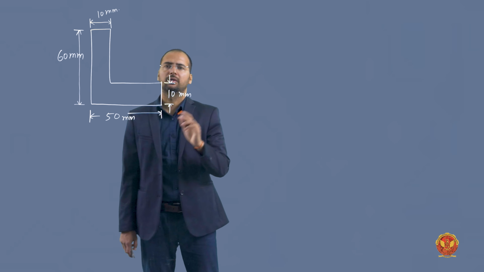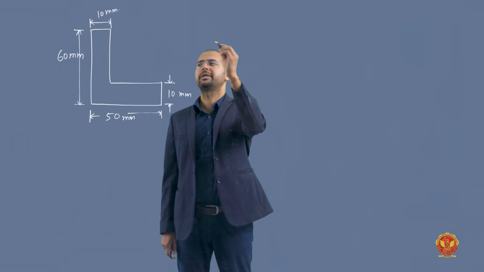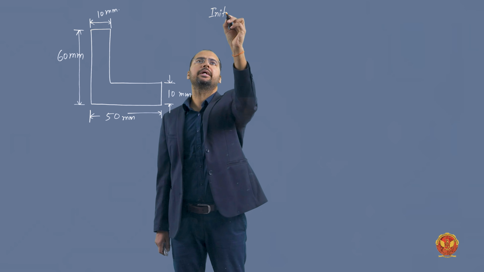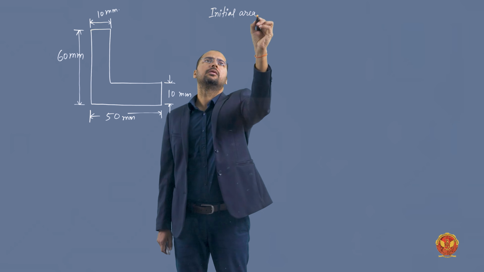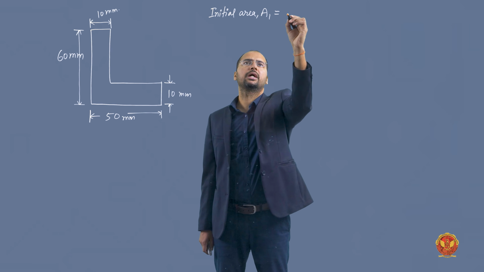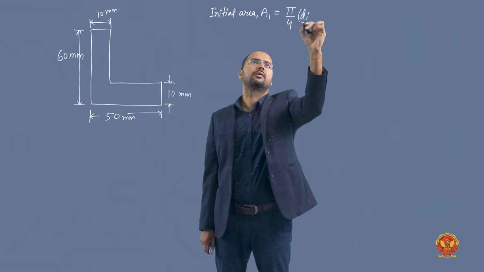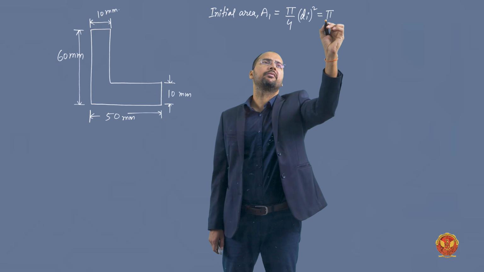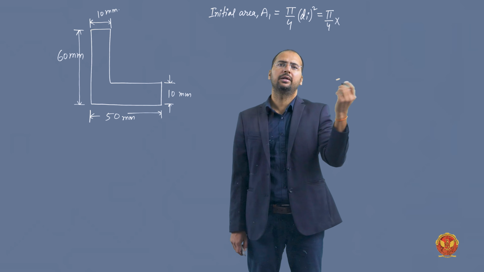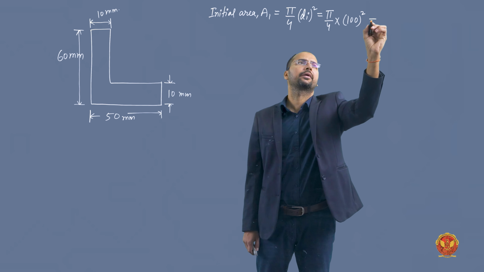So in the question, we can find out the original or initial area of the cylindrical billet. Initial area, that is AI, will be pi by 4 di square, pi divided by 4 into the billet diameter given as 100 millimeter, so 100 the whole square.